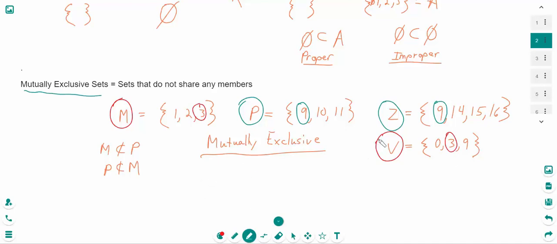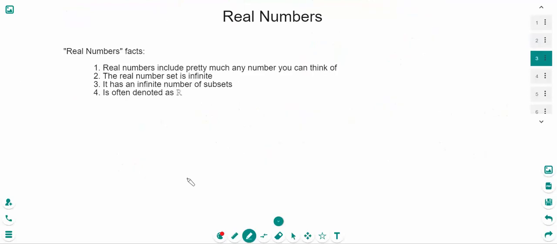In fact, if we look at the V set and compare that to the P set, we would also see that these two sets are not mutually exclusive because they both share a 9. Okay? So mutually exclusive means they do not share any members at all. All right? Very good. All right, let's move on.